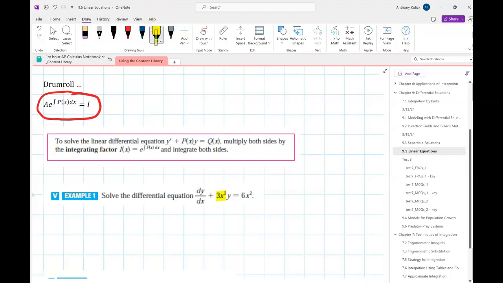So let's do an example now where we actually do this. There's my p of x. This guy's my q of x. So we are a linear differential equation, right? I'm going to start by calculating my I of x.